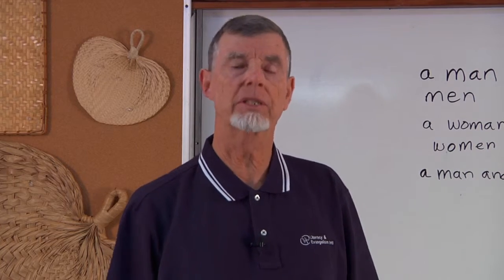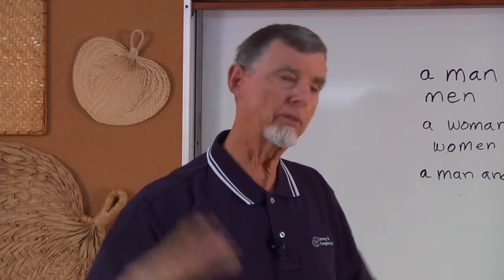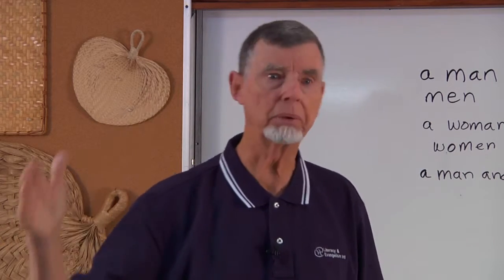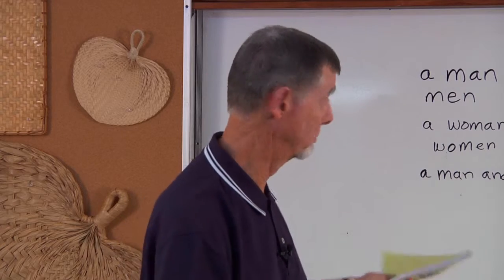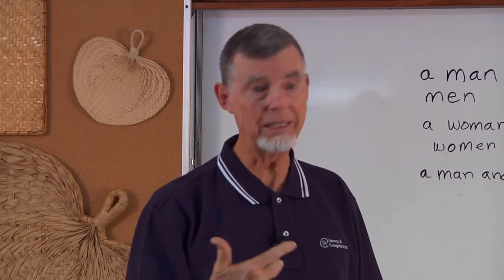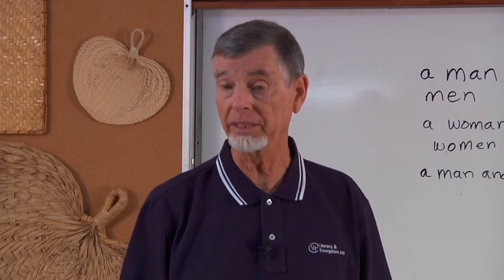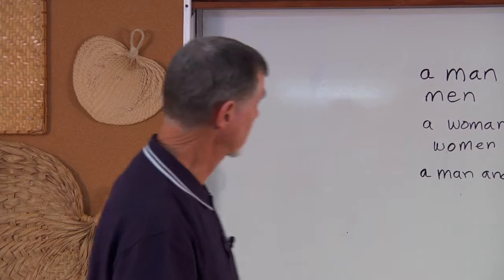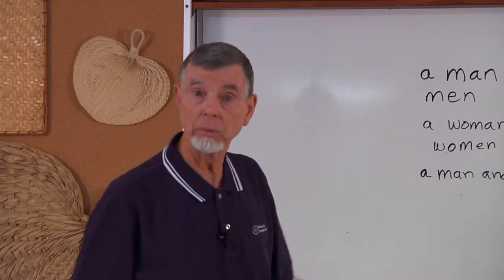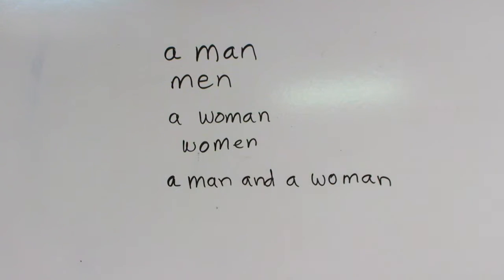So now another good thing to do is that if you have a partner and you have a big sheet of newsprint or something that you can write on, or a board such as this, then while you, the lead teacher, are asking what do you see and collecting the ideas in English, your partner will come to the board and begin to write down exactly what your student is saying.